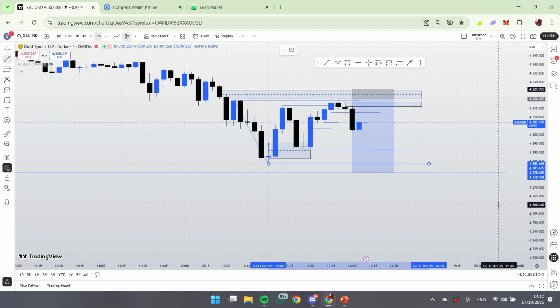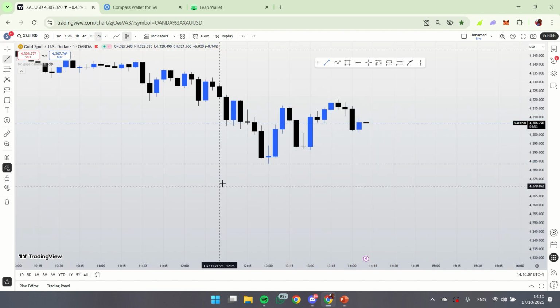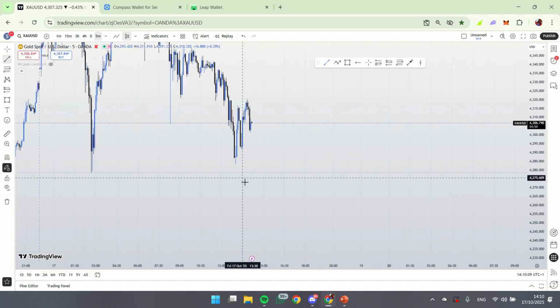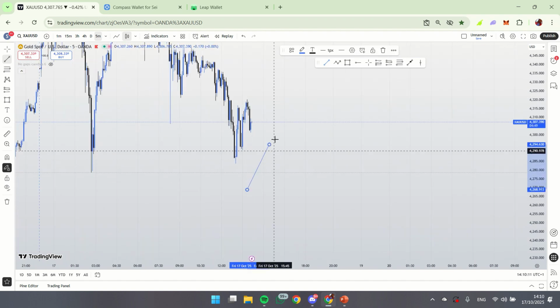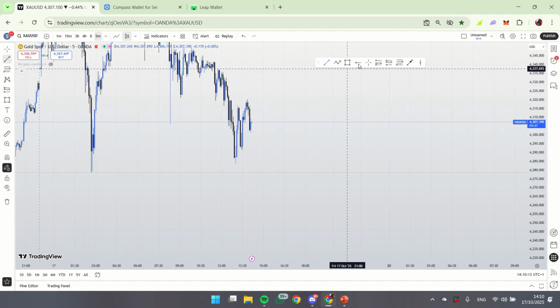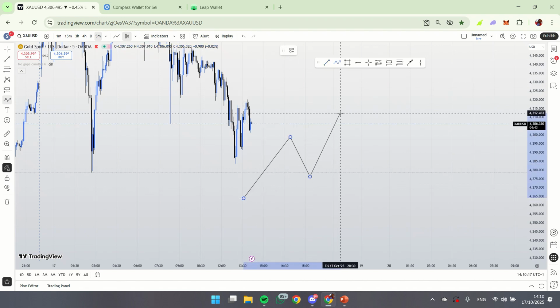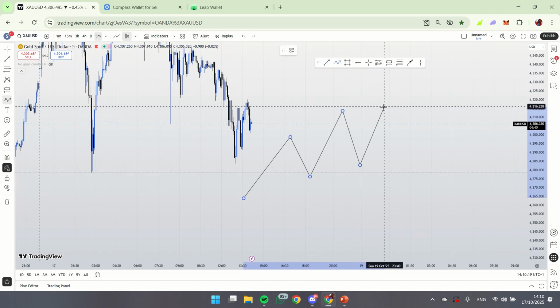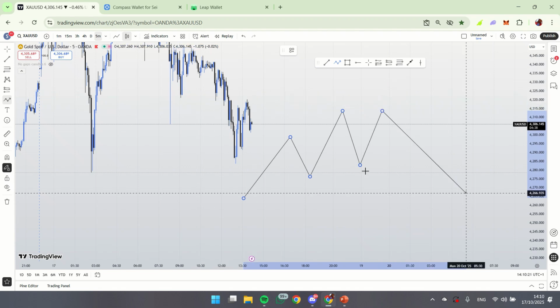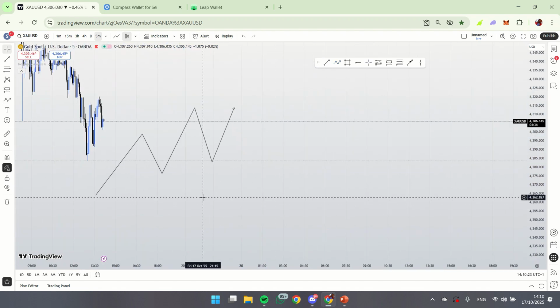So trading is as it is. So I hope you understand, right? That it is trigger, entry here, and you target here. Simple. This is the setup, trigger, entry, target.